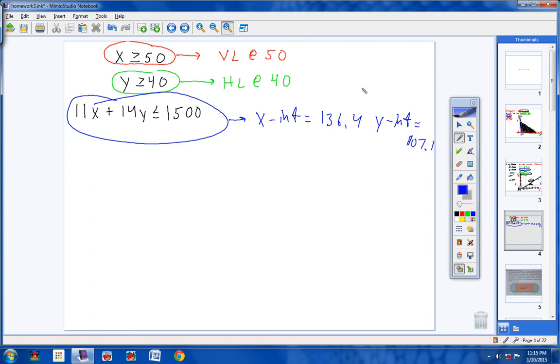So students, it looks like we're dealing with some pretty big numbers. 136, 107, 50, 40. Probably we should go in increments of 10, I would think, would be a good safe number.